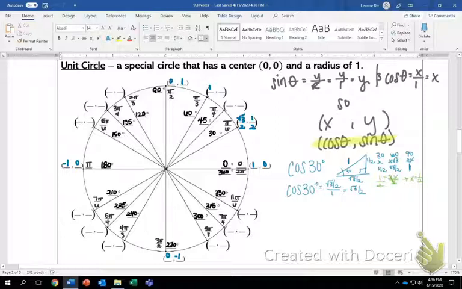So now my cosine is going to be 1/2, and my sine is now going to be the square root of 3 over 2. All right, so I'm just using the fact that the 30 and 60 in a 30, 60, 90 triangle are related. I found the 30 pieces, and if I switch over to the 60-degree angle, the only thing that happens is my values switch.